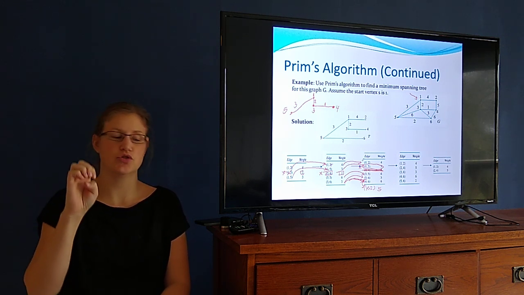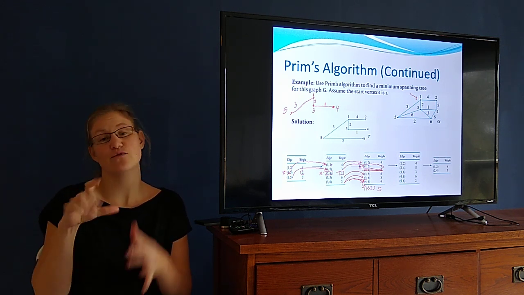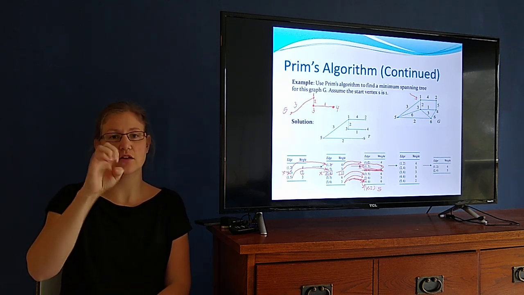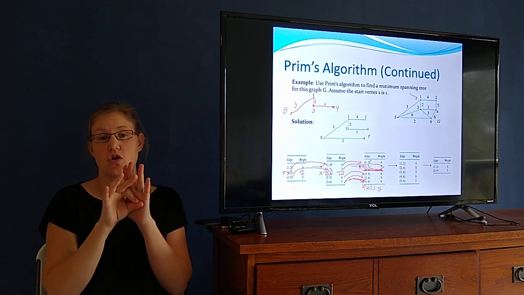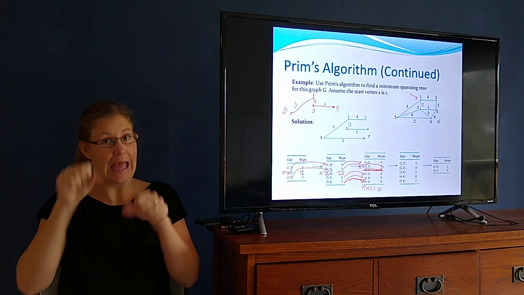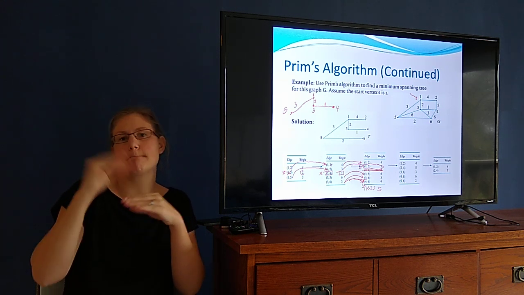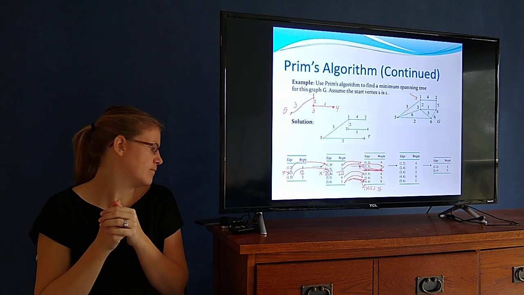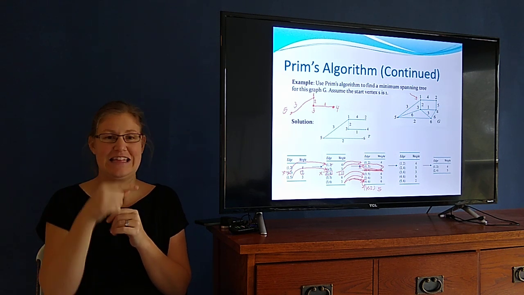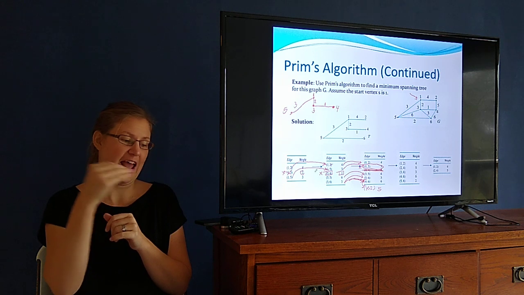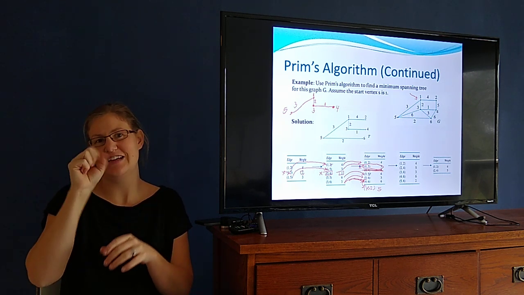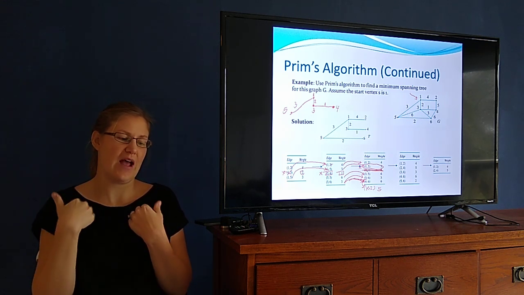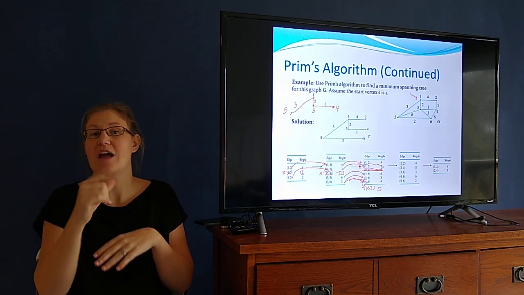The thing I need to mention here is that the edge must have at least one undiscovered, not added vertex. Why am I deleting these nodes? Because 1 and 5, both of them are now in the spanning tree. 1 and 3, both of them are in the spanning tree. So we need to have at least one undiscovered or unvisited node.